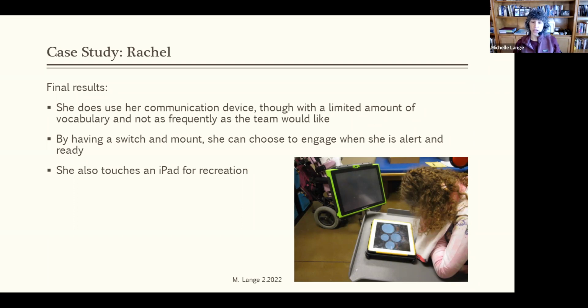You can see it on a tray here for just recreation. I believe this one is a bubble program where she just touches it and hears lots of bubble sounds. Again, she really has no vision, but she likes hearing that auditory feedback. So she sometimes engages with an iPad with a switch, sometimes by directly touching the screen.